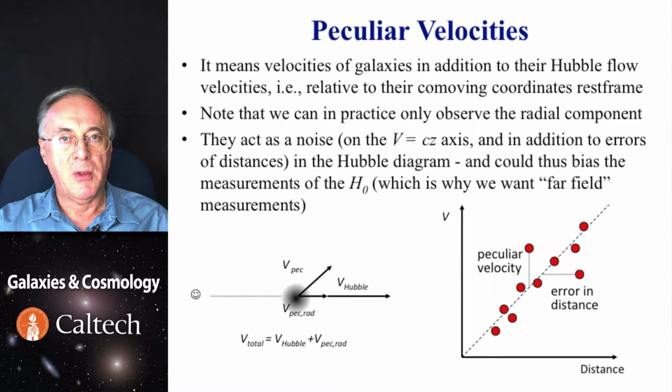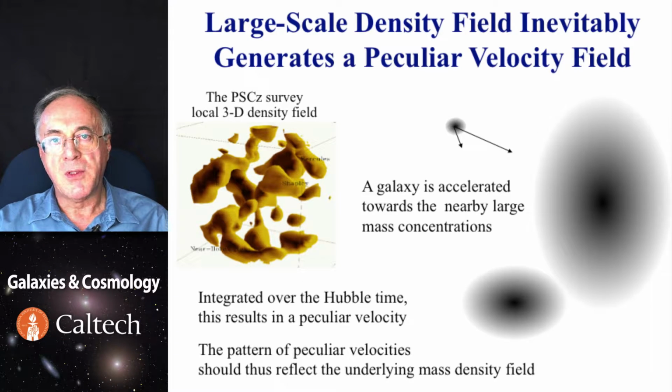And so, for example, if you're plotting a Hubble diagram, which is some form of distance versus redshift, you can have errors in distances, but you can also have what's not really an error in velocity, but a shift. In other words, it's an error in the sense that you assume that velocity is only due to the expansion of the universe.